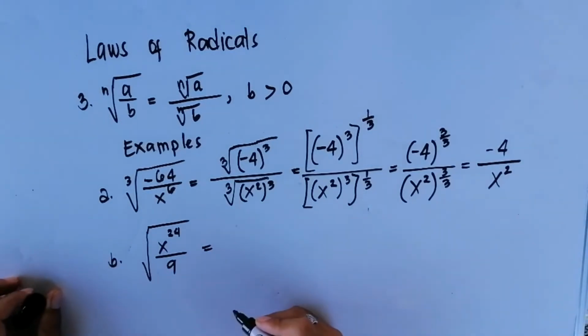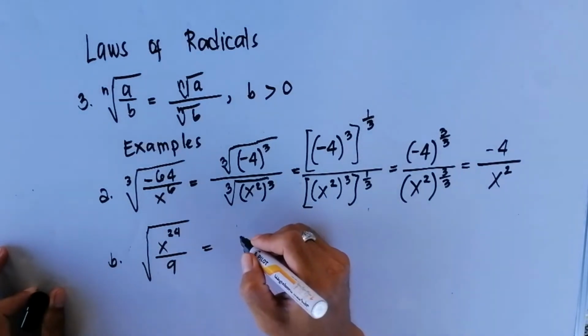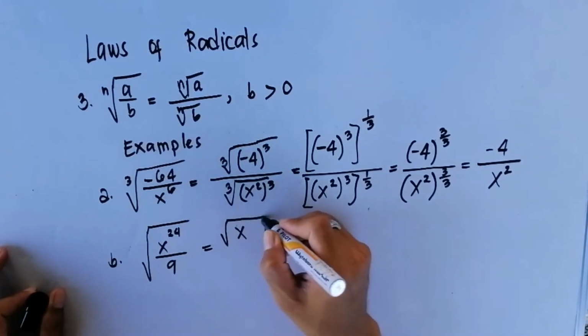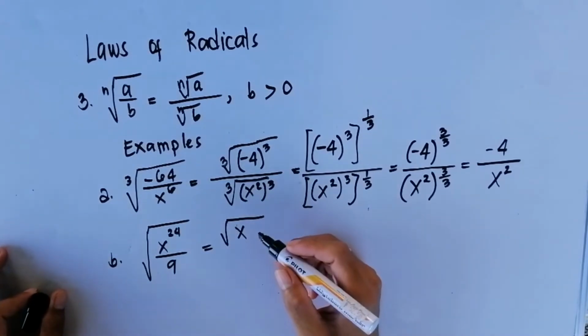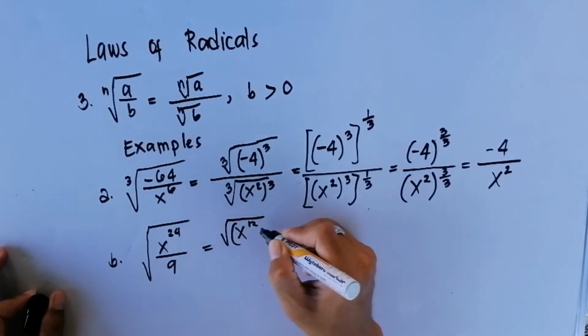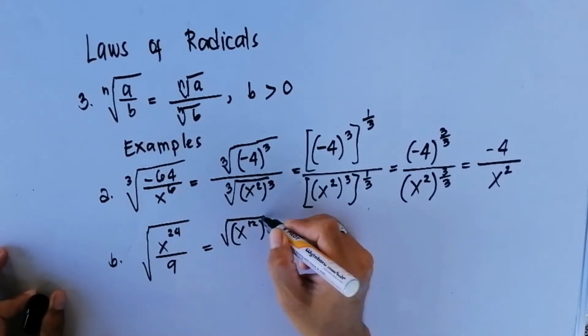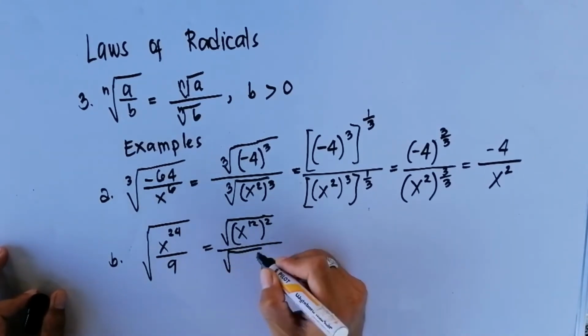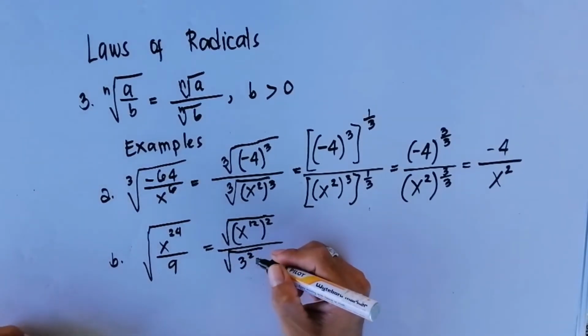Okay, for B, we have the square root of x raised to 12 and raised to 2, over the square root of 3 squared.